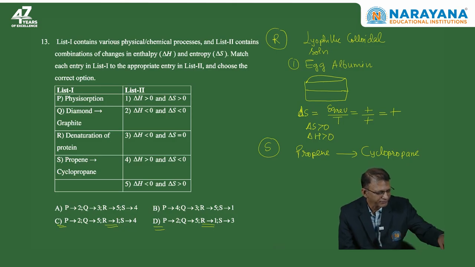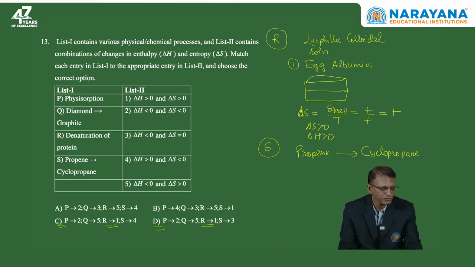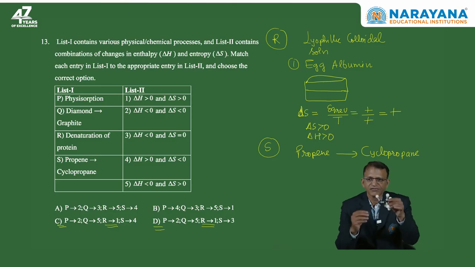So I have a structure of propene where there is a carbon, this carbon is sp3 hybridized, and through a single bond I can rotate this molecule, right?